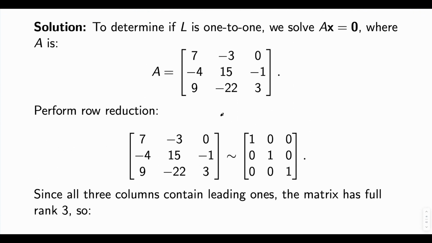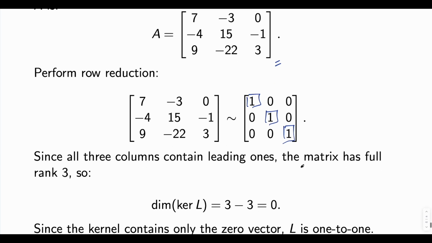So first we have to reduce this matrix into reduced row echelon form, and after reducing, all 3 columns are non-zero pivot columns. So the rank will be 3, and then the dimension of the kernel will be 0, right? So the kernel has 0 dimension, okay, and the rank is 3.